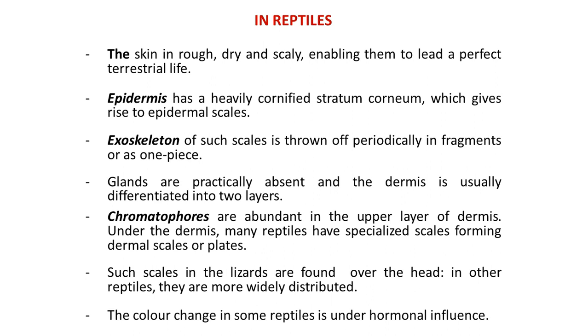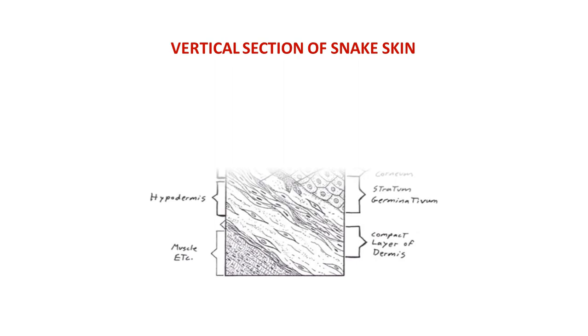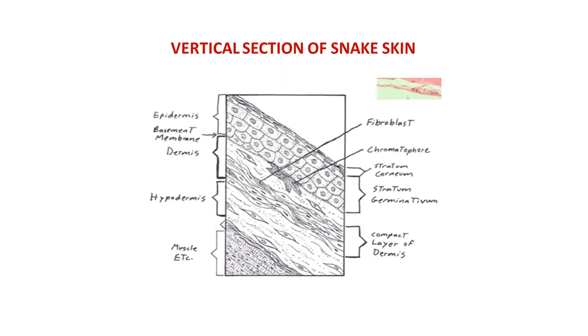In other reptiles, they are more widely distributed throughout the body. The color change in some reptiles is under the control of hormonal influence. This is the vertical section of the reptilian skin.